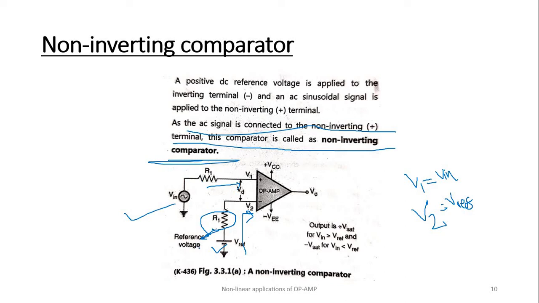Hence the differential input voltage VD, we know that VD is equal to V1 minus V2, which here is VIN minus V reference.